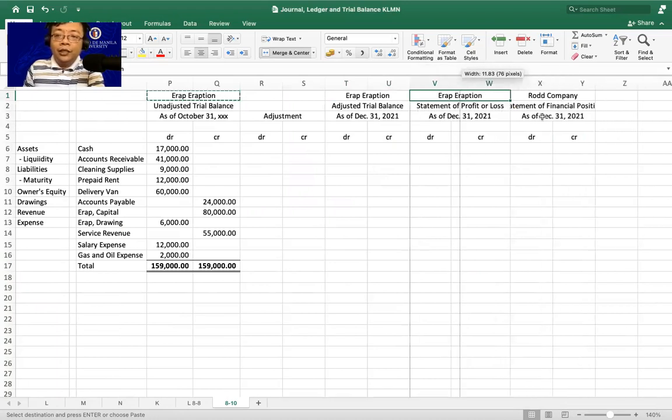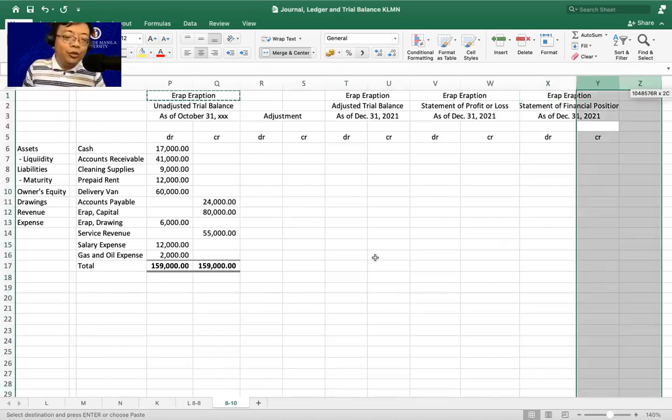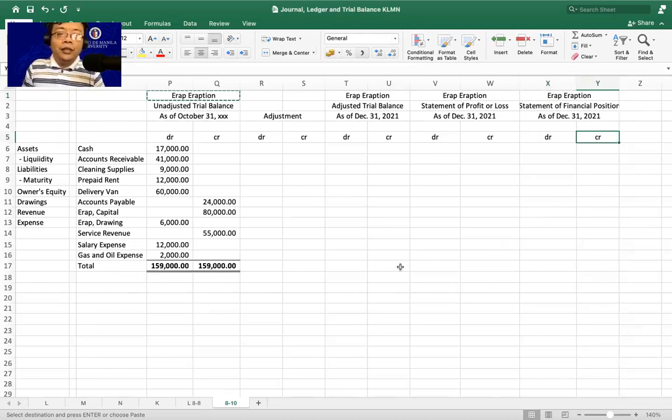After that, I will discuss your statement of financial position, also known as your balance sheet. So it is still a bit long. Next I will discuss adjustment, and we will complete this so that at least we have the overall picture of the accounting cycle. Again, thank you very much and see you.